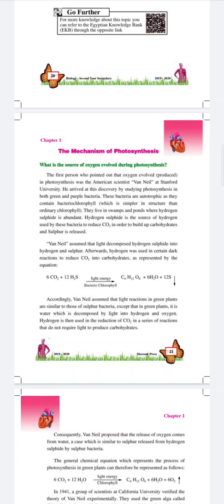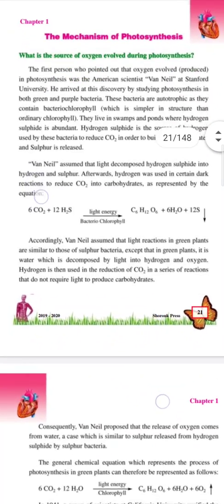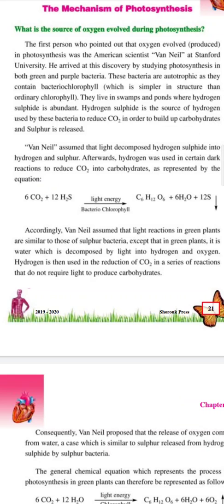The scientist Van Niel was the first one who pointed out the role of light in photosynthesis. He studied photosynthesis in sulfur bacteria, and he noticed that sulfur bacteria used H2S instead of water.